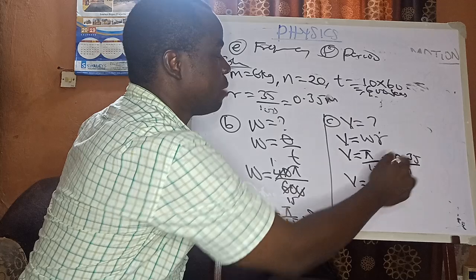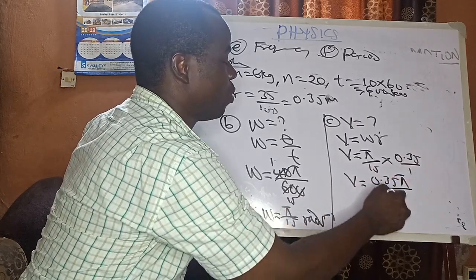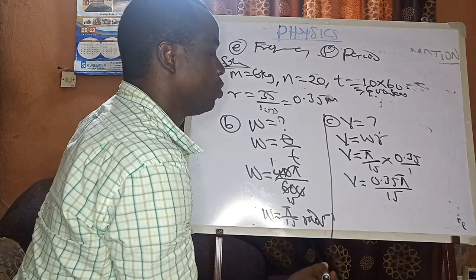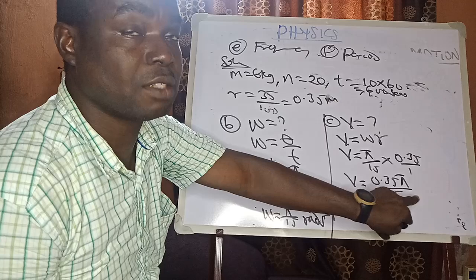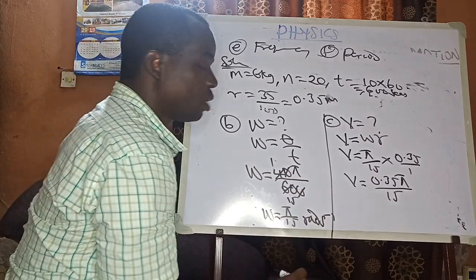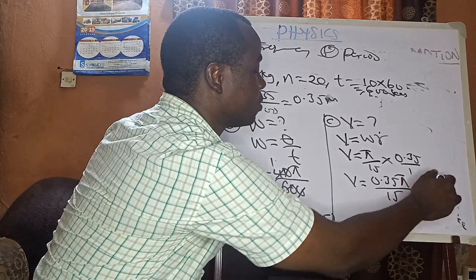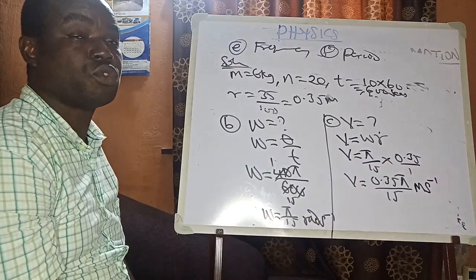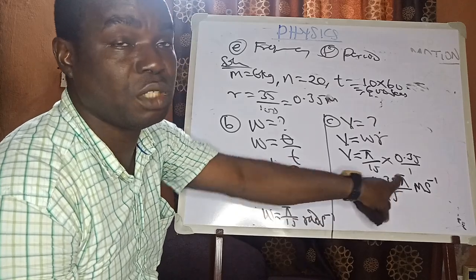So this time this is 0.35 pi over 15. If you have a calculator, you can divide this by this and get your answer straight. So now we have meters per second. So use your calculator, do this times pi divided by this. Your pi is 3.142. Divide it to get your answer.